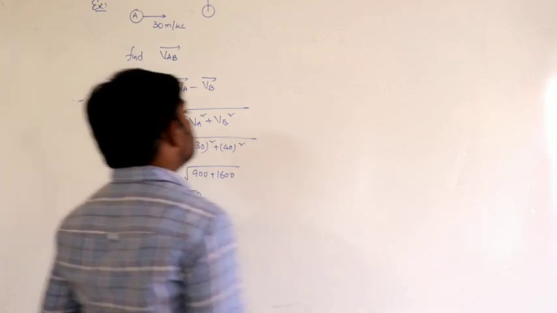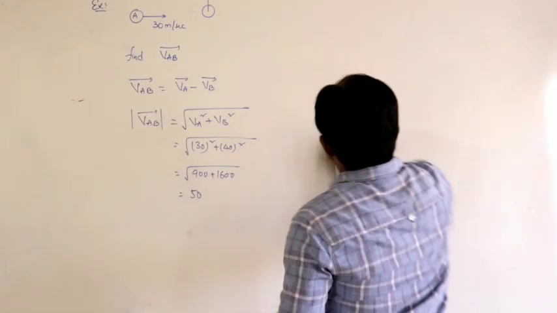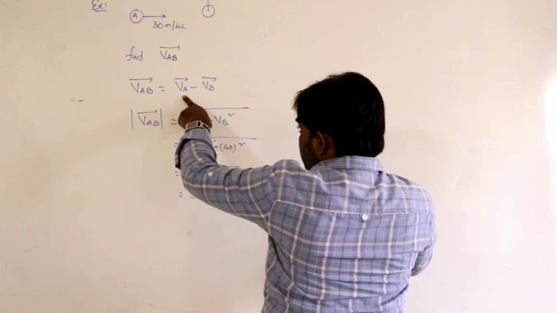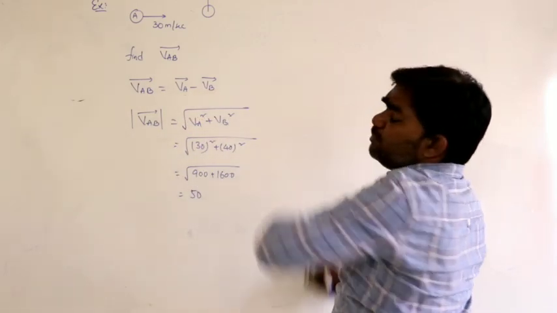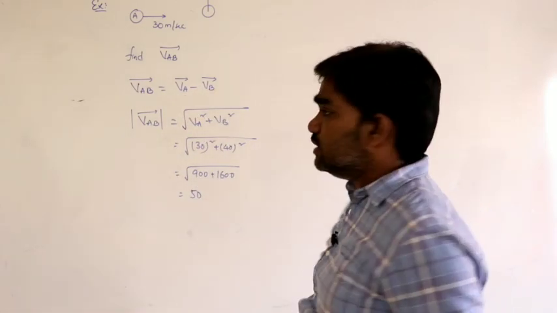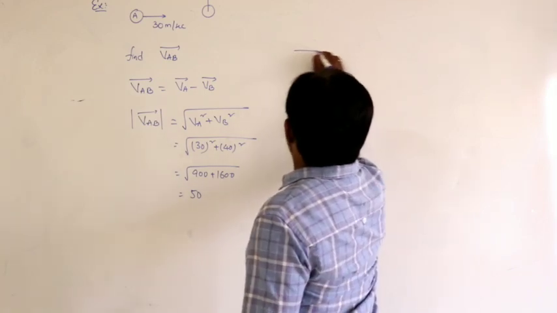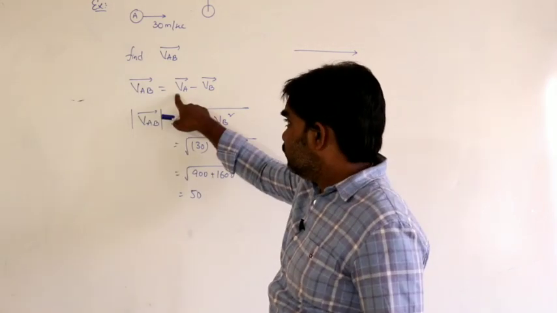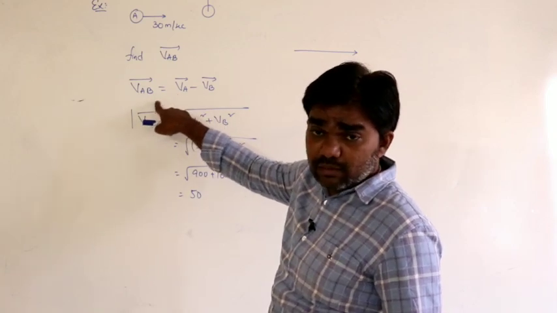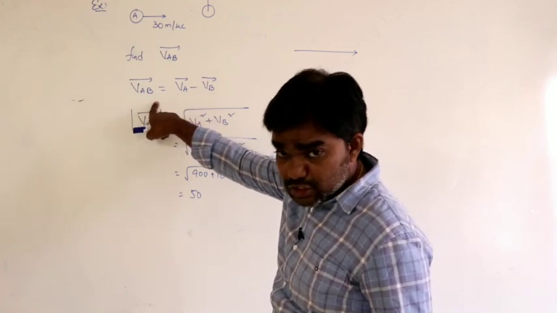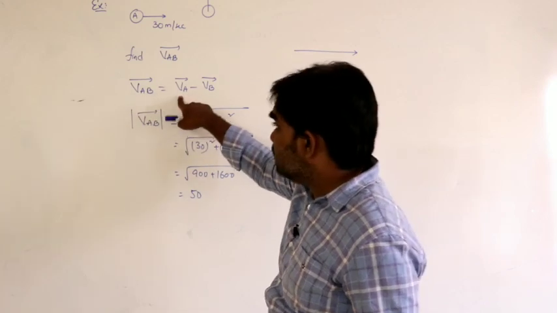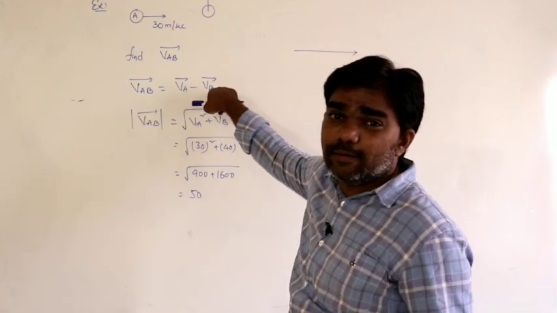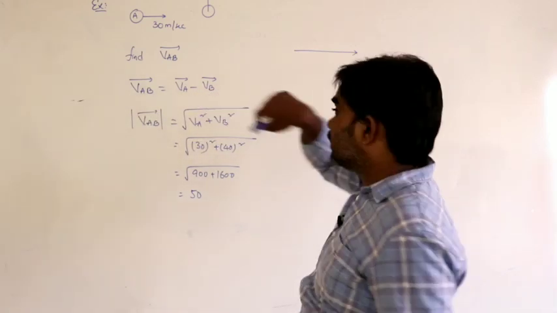What about direction? VAB bar can be written as VA bar minus VB bar. How can you calculate the direction? What is the direction of VA bar? Towards east, no change in this. According to vector subtraction, VAB bar is VA bar minus VB bar.